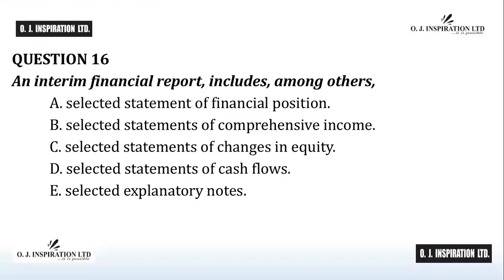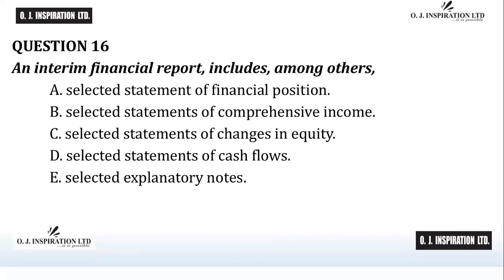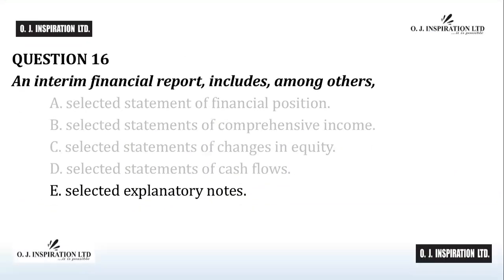Question number 16. The answer to question number 16 is E, selected explanatory notes. An interim financial report at a minimum includes 1, a condensed statement of financial position. 2, a condensed statement or condensed statements of profit or loss and other comprehensive income. 3, a condensed statement of changes in equity. 4, a condensed statement of cash flows.